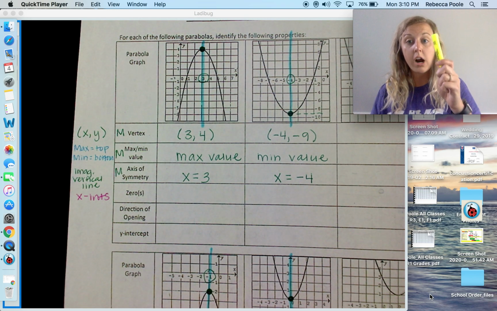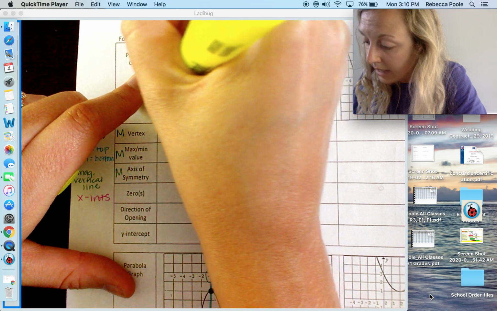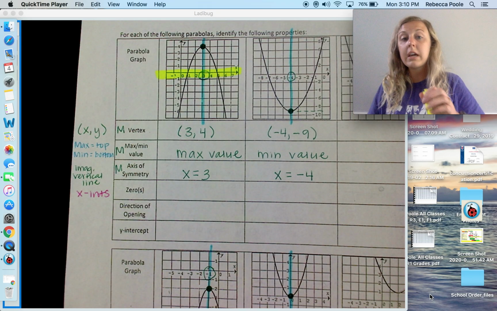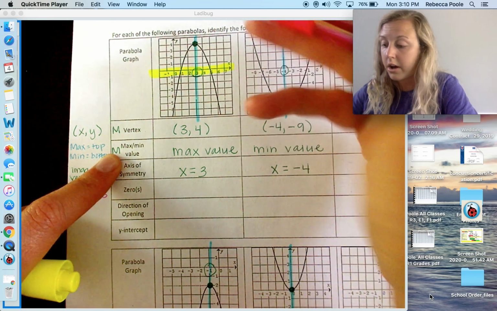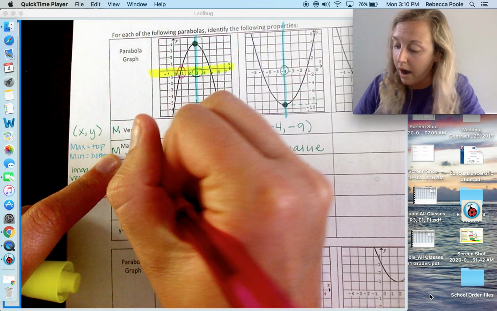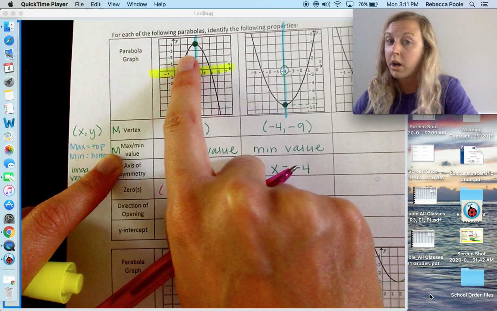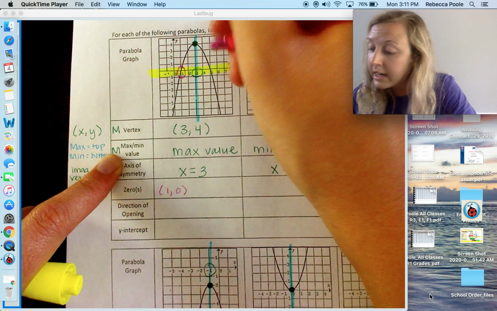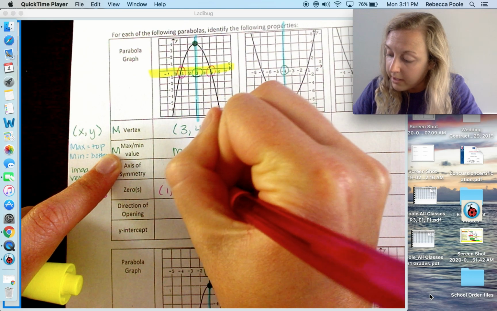So look, we're going to take our highlighter, find our x-axis, highlight it, and you're looking where the U-shaped graph touches the yellow. Well, that's right here at 1, so we would write 1, 0, because that's the ordered pair. It goes over 1, up or down, none. And then it touches again right here at 5, 0.